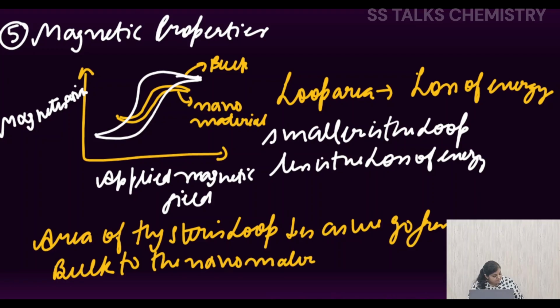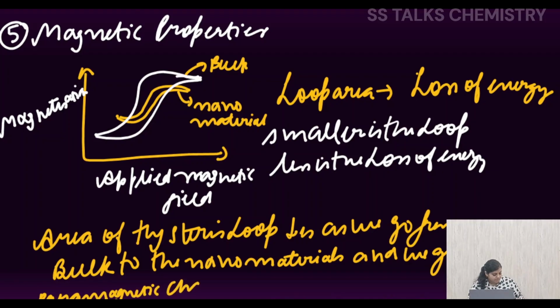So as we go from the bulk, the size is being lost, so less heat will be lost, and then we get the paramagnetic character, or you can say we are getting superparamagnetism.